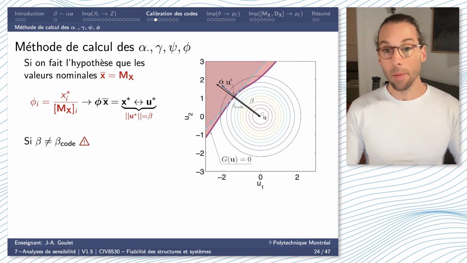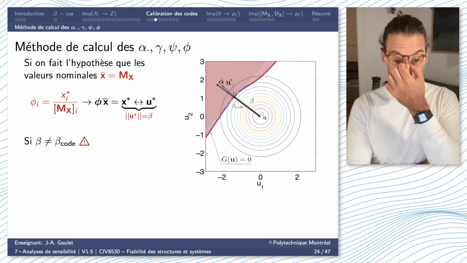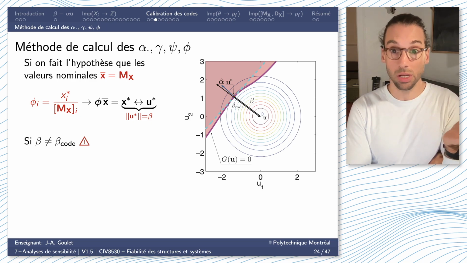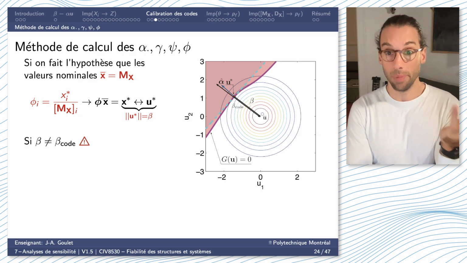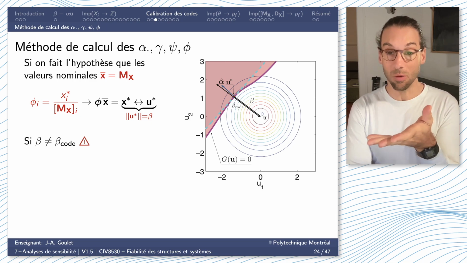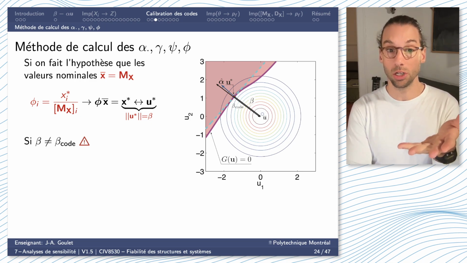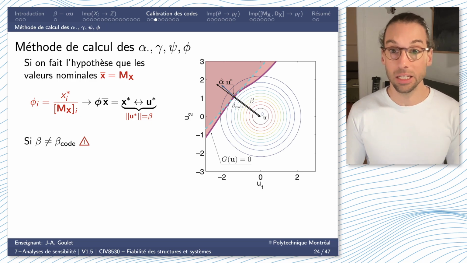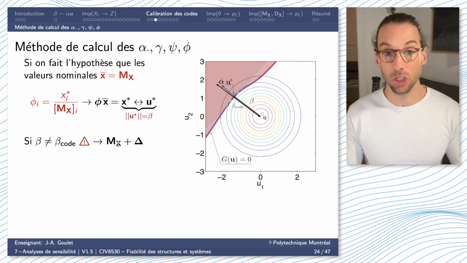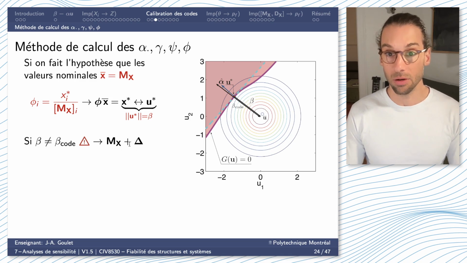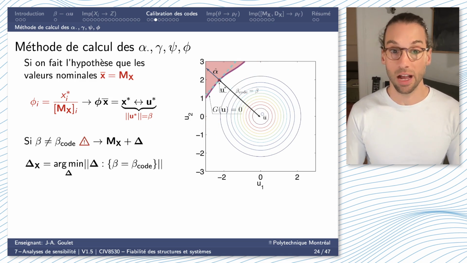So what happens if, when I'm analyzing some structures, the beta is not exactly what is specified, or what I want, in the code? In that case, I need to adjust my analysis. I need to shift my mean away from where it currently is by a factor delta.